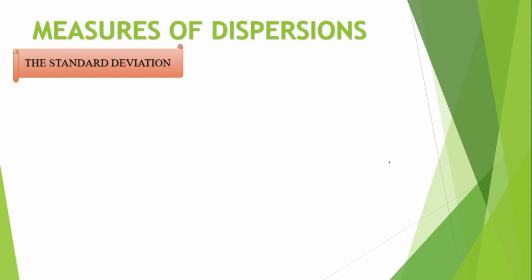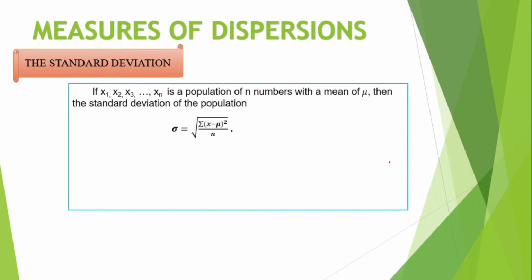Next example of a measure of dispersion is the standard deviation. What is the meaning of standard deviation?